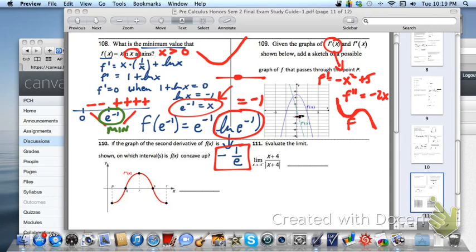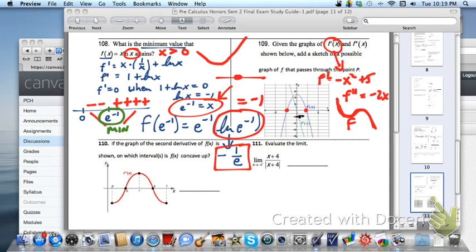Okay, well, we already see point P there. It's already darkened in for us. And a couple things. We know that f prime is equal to 0 right here and right here, whatever those x values are. So if f prime is equal to 0, that means that we have a horizontal tangent line at those values.